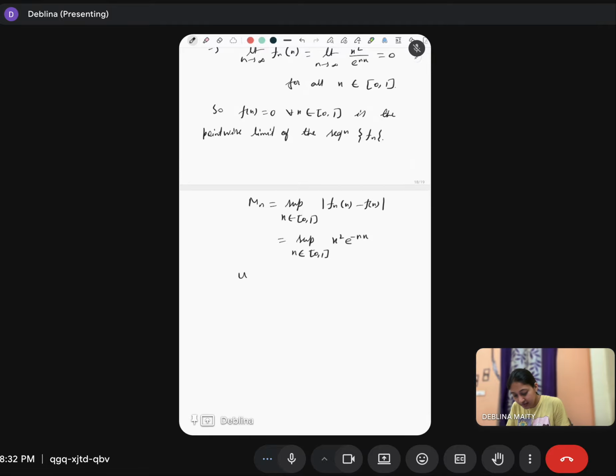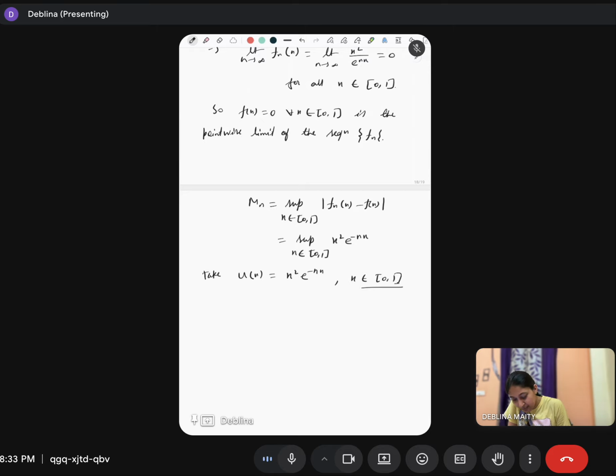So take u(x) to be this function, x square e to the power minus nx in 0 to 1, right? Now you have to find the supremum or maximum of this. Since this is a continuous function and the domain is a closed bounded interval, the supremum means it is its maximum and it will be attained, right?